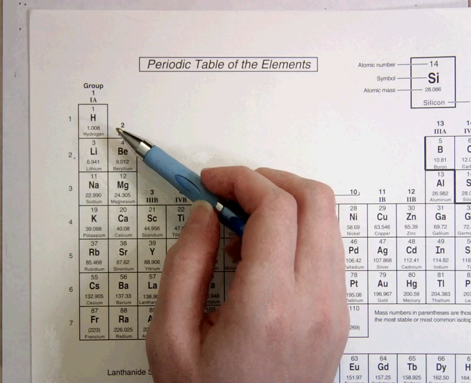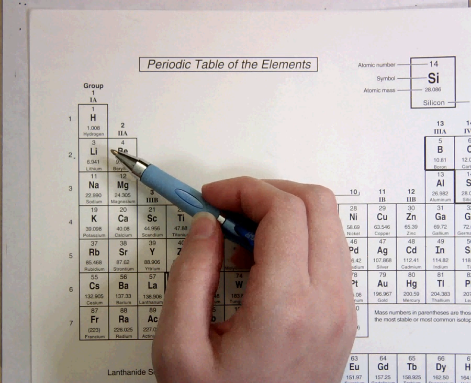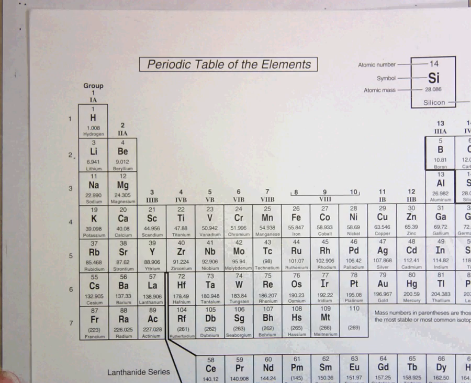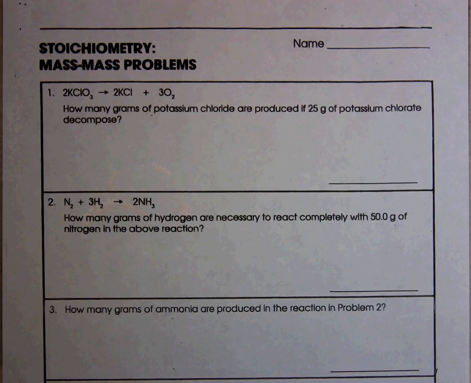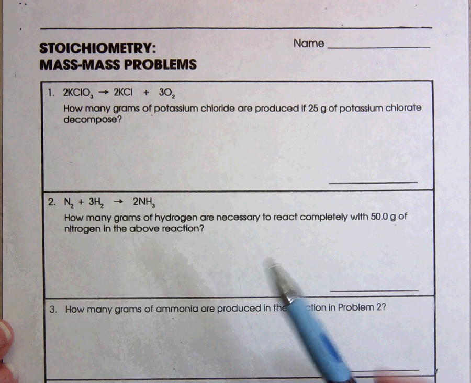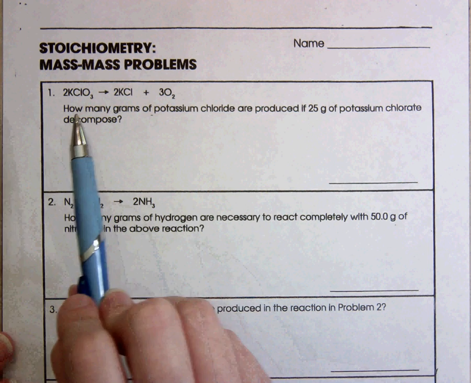I can only compare number of atoms to number of atoms, which you do when you are comparing moles to moles, because one mole of a substance is the same number of atoms as a mole of another substance. Or I should say, a mole of a substance is the same number of molecules or compounds or atoms, depending on what we're comparing.